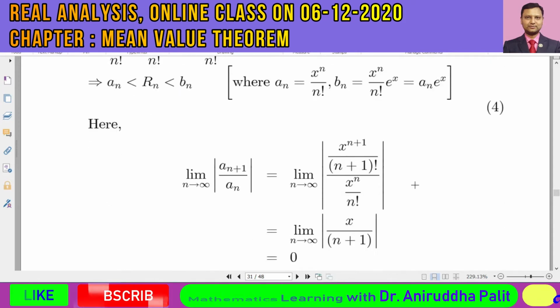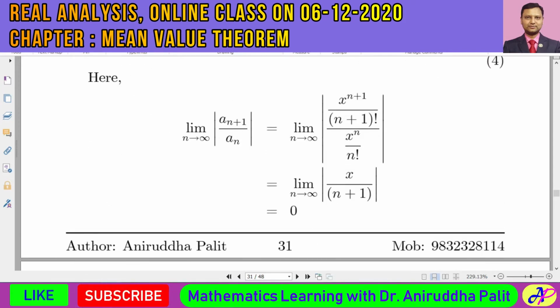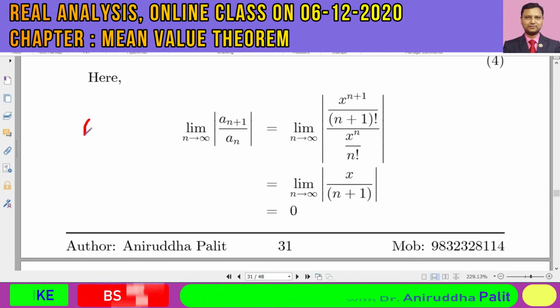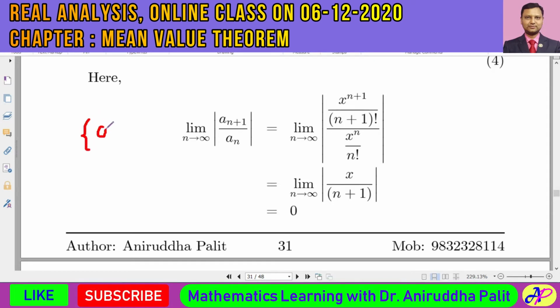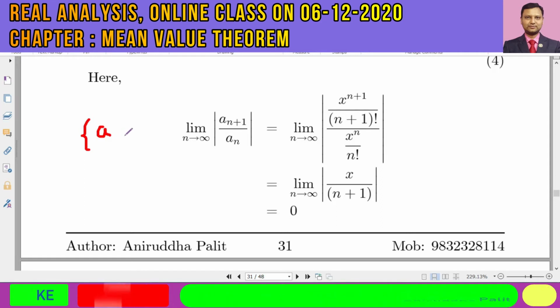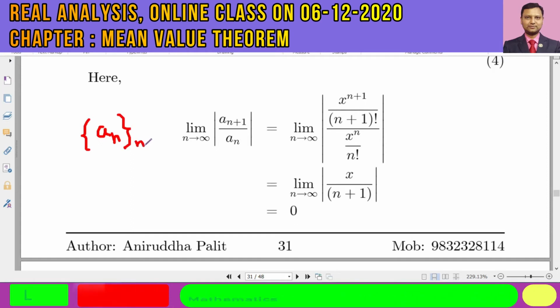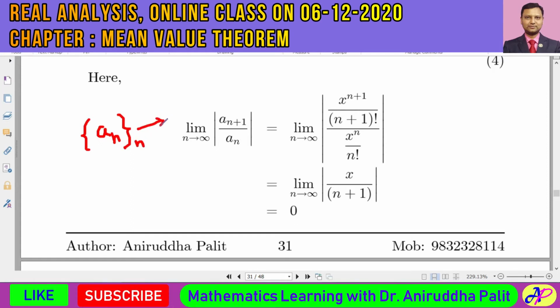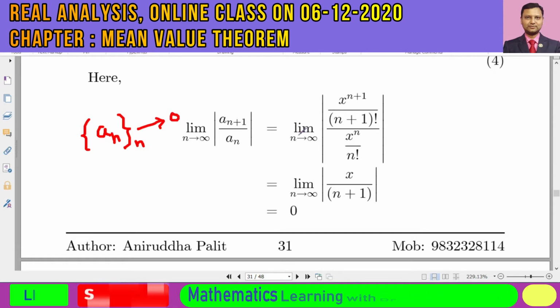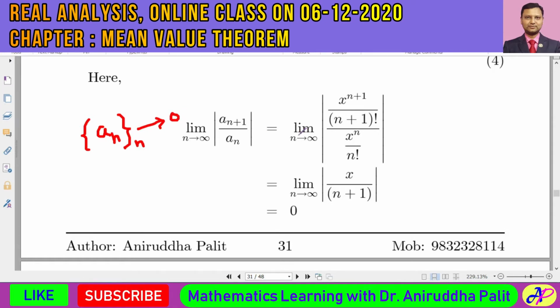The result says that if we have a sequence like this kind of sequence an, then this an is tending to 0. We can prove that this an is tending to 0 if this expression, the modulus of an plus 1 divided by an with n tending to infinity, if this quantity is less than 1.